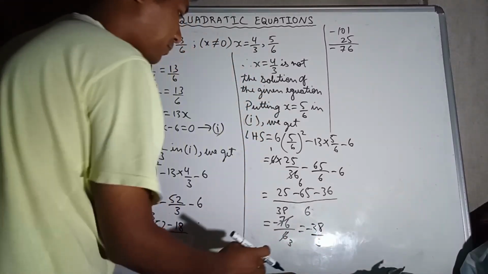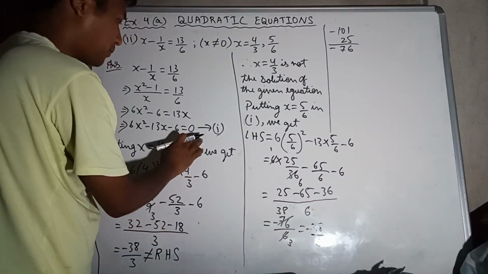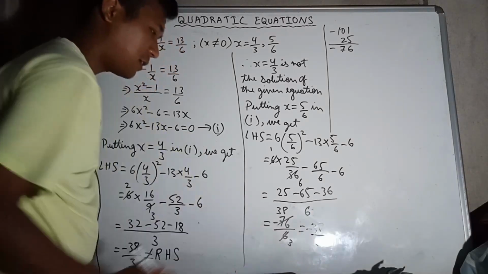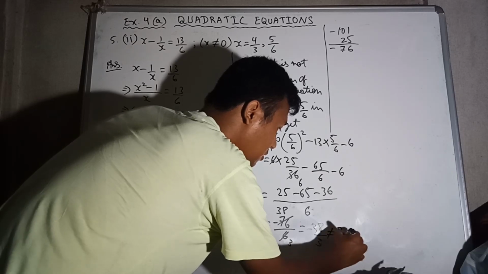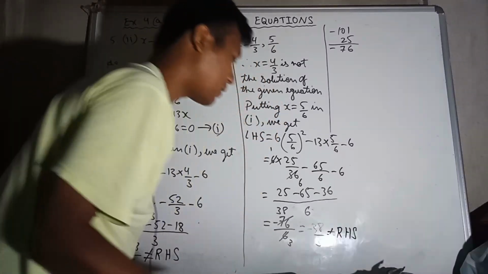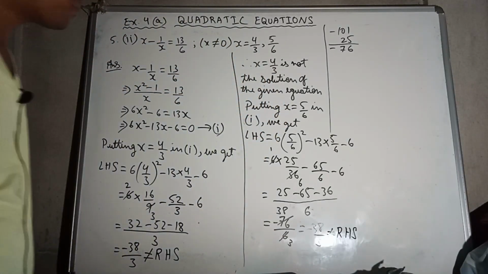So this is not equal to 0. Once again, this is not equal to right hand side.